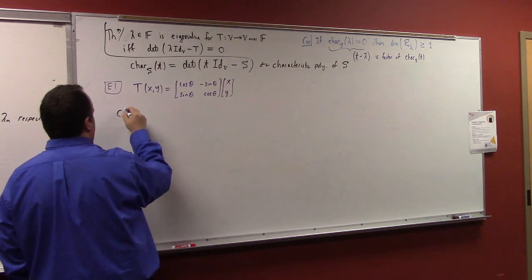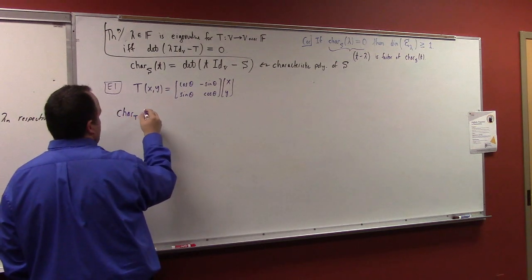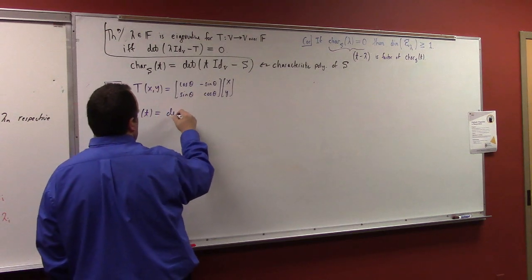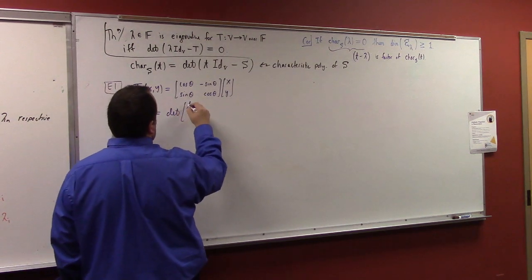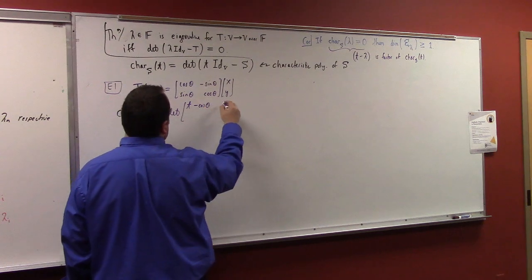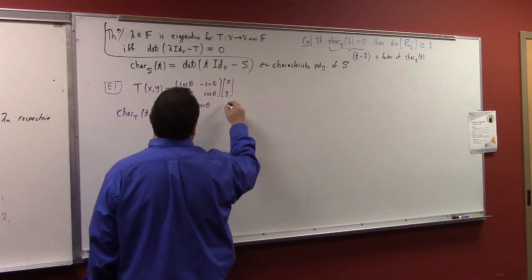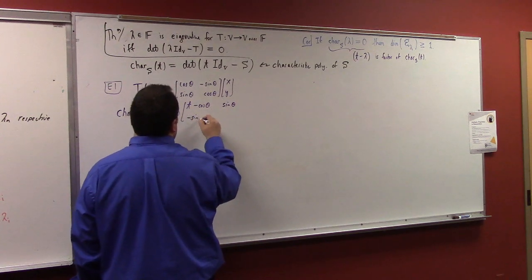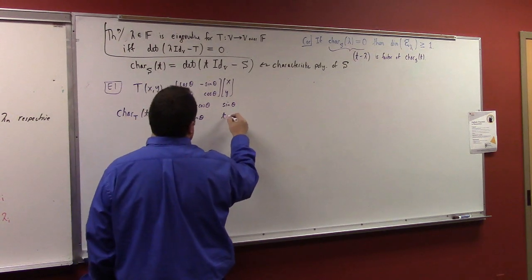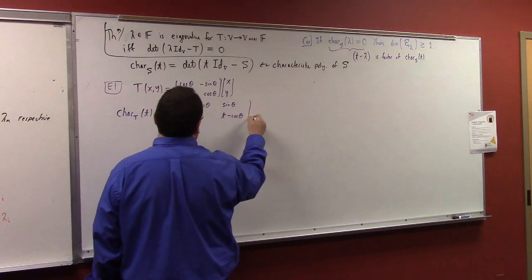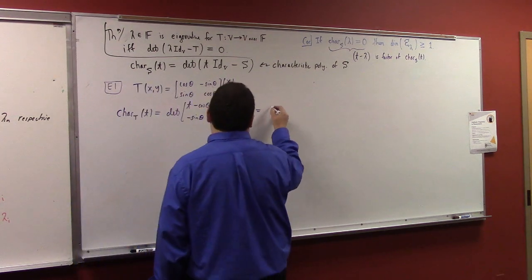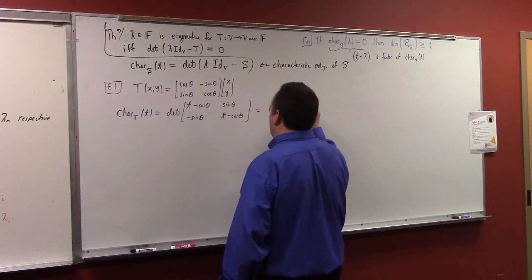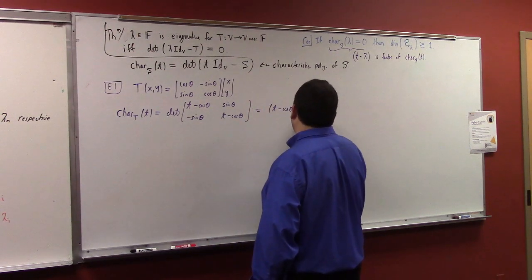So the characteristic polynomial of T with respect to the t variable would be the determinant of t minus cosine theta, sine theta, minus sine theta, t minus cosine theta, which here would be (t minus cosine theta) squared plus sine squared theta.